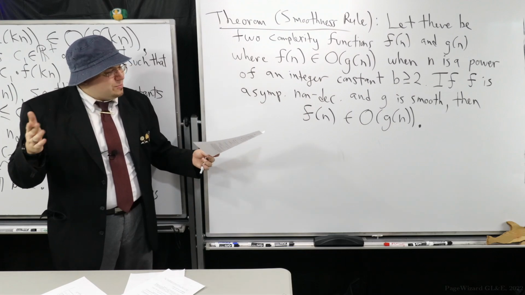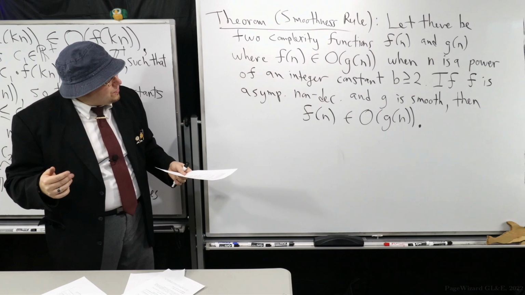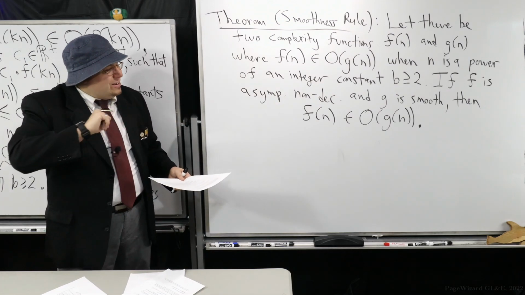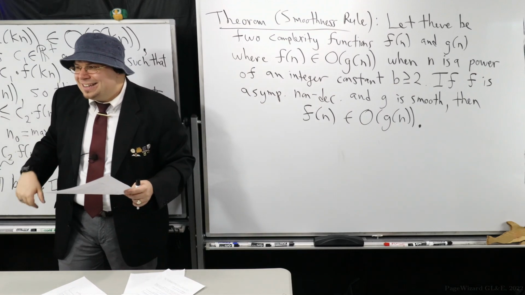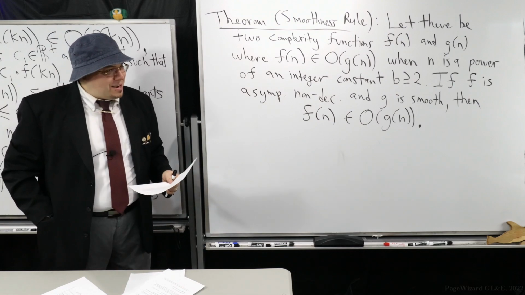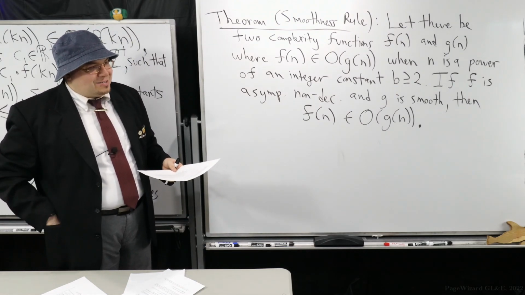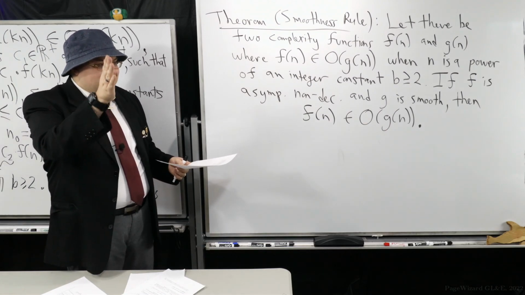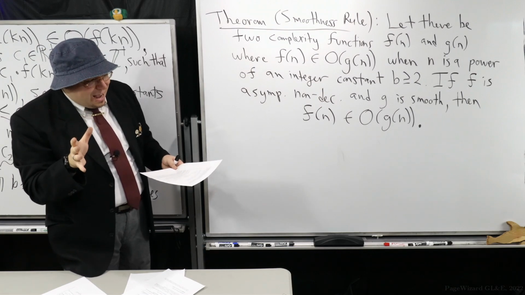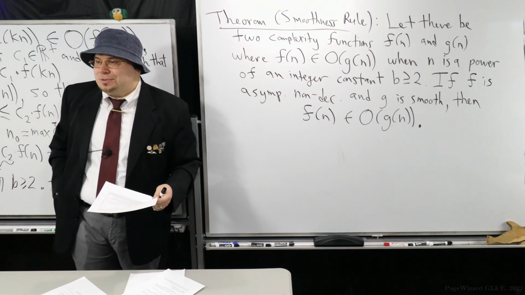If you want to presume, for example, that n is a power of 2, if f is an asymptotically non-decreasing function and g is smooth, then you're allowed to do that, and it gives you this conclusion at the end. So it's very slick. You could use this to simplify some of your time complexity analysis if it is relevant for what you're doing. For example, there are algorithms like merge sort and binary search, many of them, that involve cleaving things into halves. The smoothness rule makes the analysis go a little bit smoother.